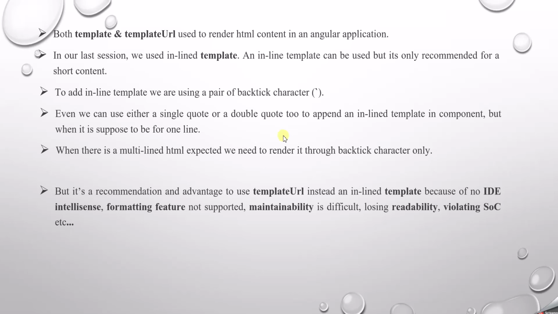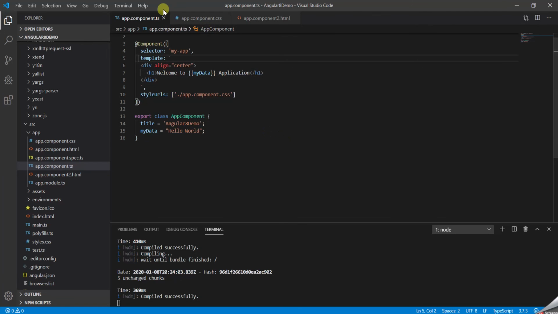And what is separation of concerns? Let's assume we have a backend file, like app.component.ts here. This is the backend file. Instead, we can have a templateUrl. Let me go, sorry, there is a typo.